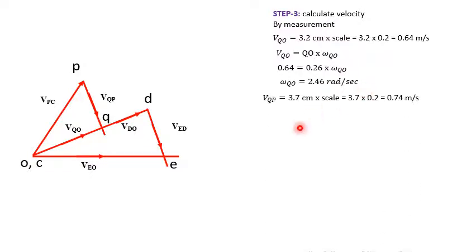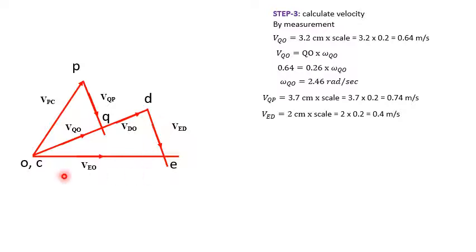Similarly, we have to find the length of QP, which represents the velocity of QP. By measurement I got 3.7 centimeter, multiplying by the scale, the velocity of QP becomes 0.74 meter per second.